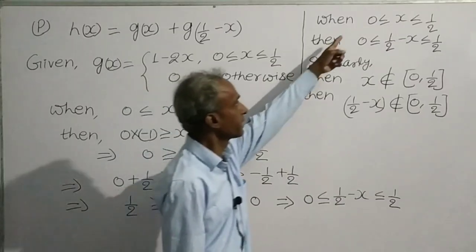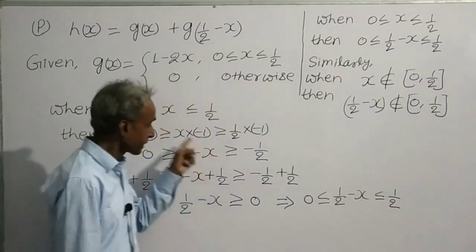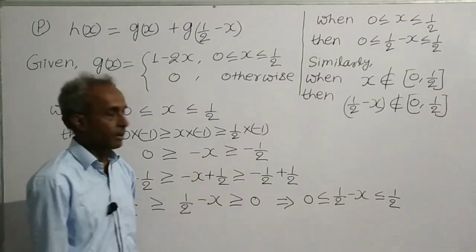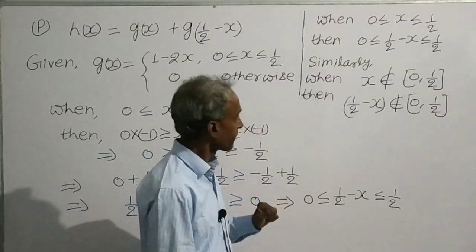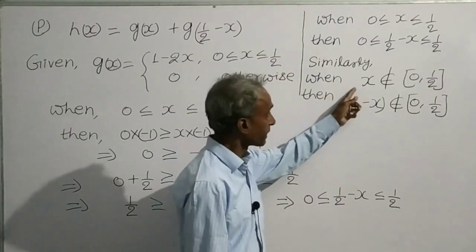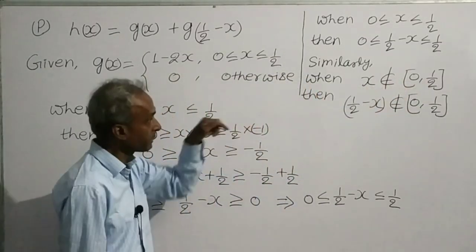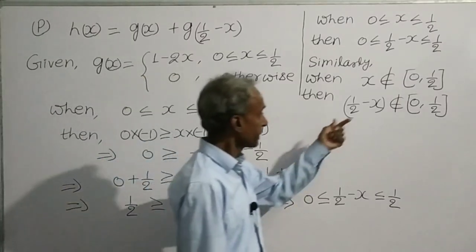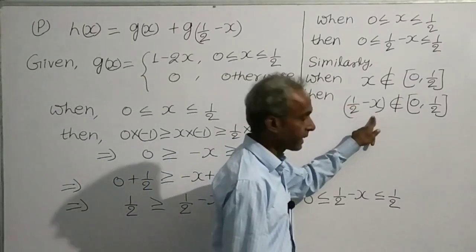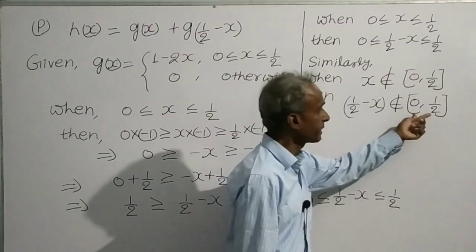We write this result here. In a similar way, we can find that when x does not lie in this interval, that means x is otherwise, then this 1 by 2 minus x will also not lie in this interval.